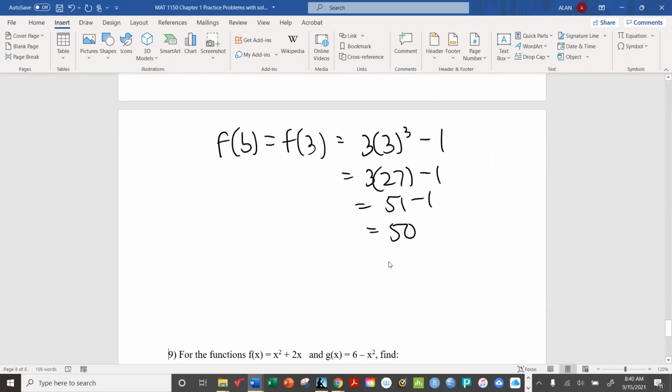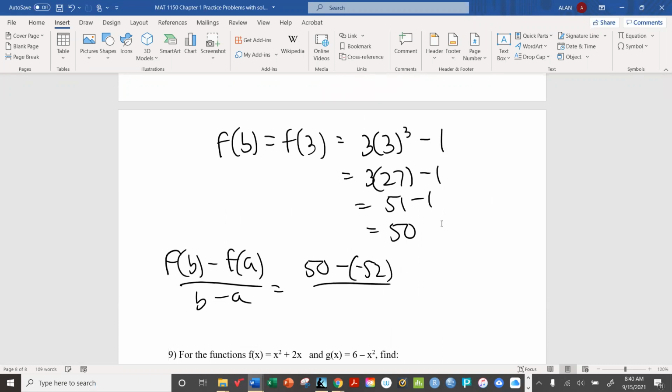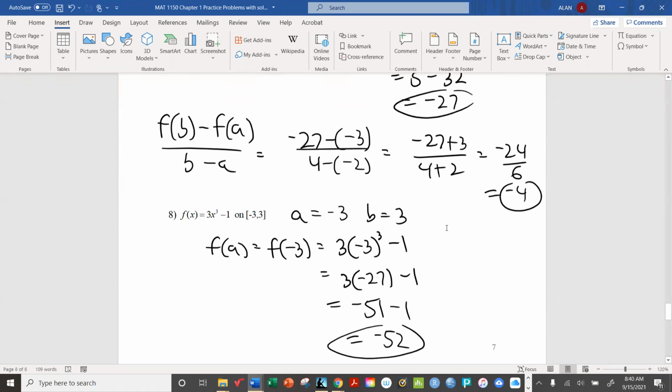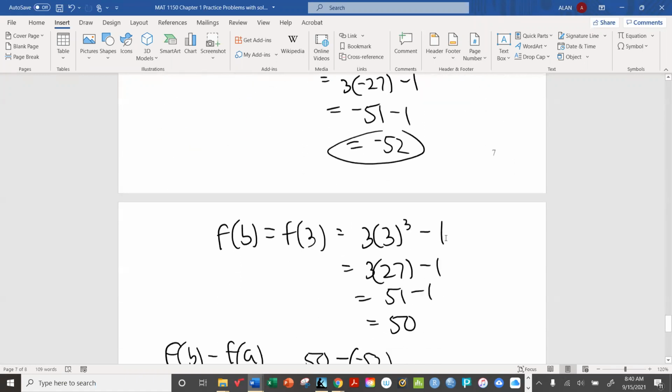All right, so once again, we apply this formula to find the average rate of change between A and B. So we'll have 50 minus minus 52, and then B minus A would be 3 minus minus 3.